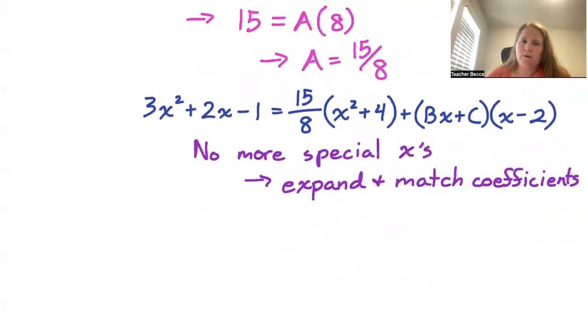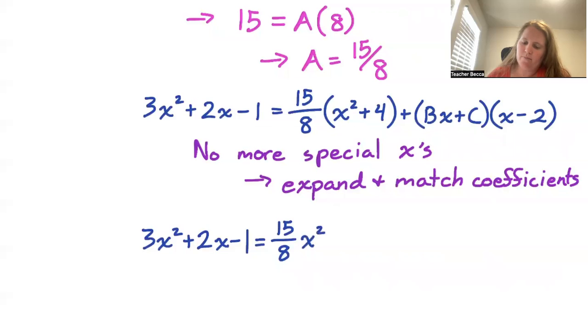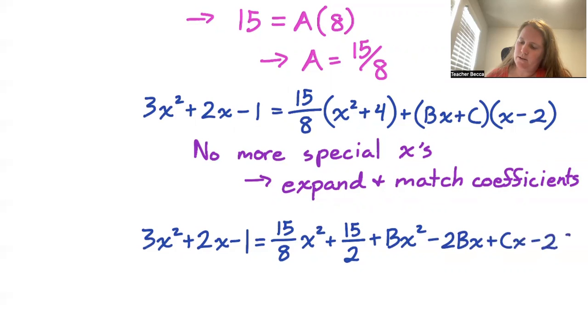So we have 3x squared plus 2x minus 1 is equal to 15/8 x squared plus 15/8 times 4 would be 15/2. Then we have plus bx squared minus 2bx plus cx minus 2c.